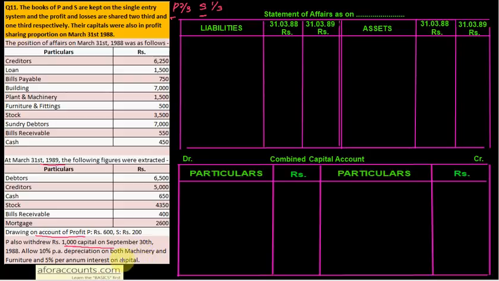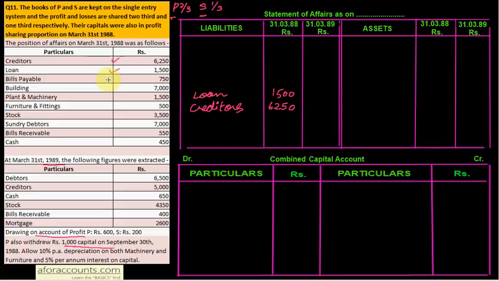So start with plotting the statement of affairs. First thing, creditors. Okay, so tick creditors here. Creditors are a liability and opening 6250 is given. Then your loan is 1500.